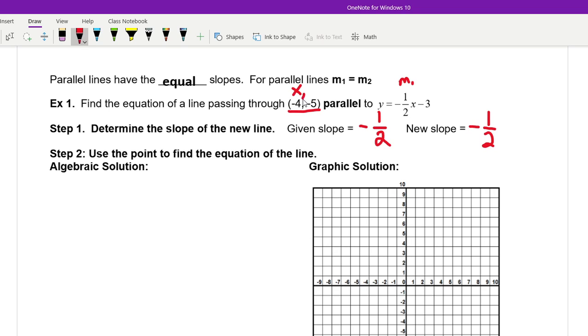To label these properly, -4 is our x1, -5 is our y1.